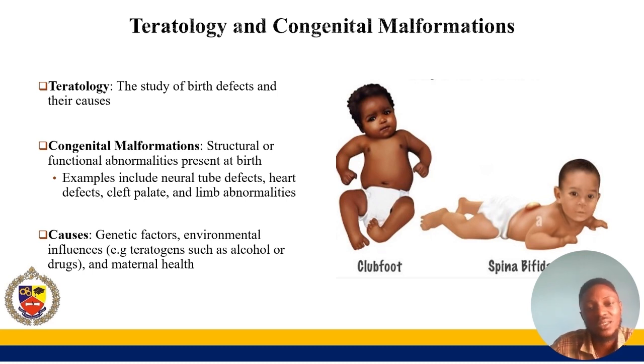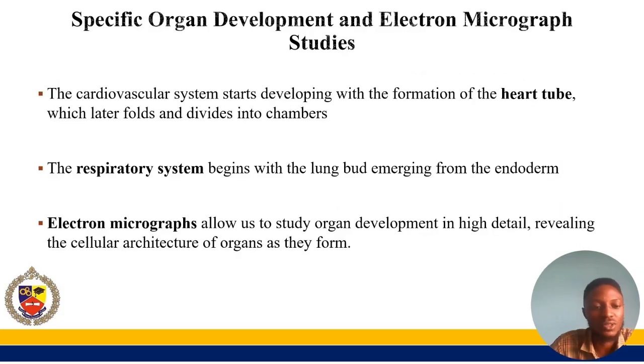What are the causes of these abnormalities that usually occur at birth? We have genetic factors, and environmental influences such as teratogens like alcohol or drugs. We also have maternal health, that is, the mother who is carrying the baby. What is the level of health of the mother? Is the mother okay? So these are many causes of congenital malformations.